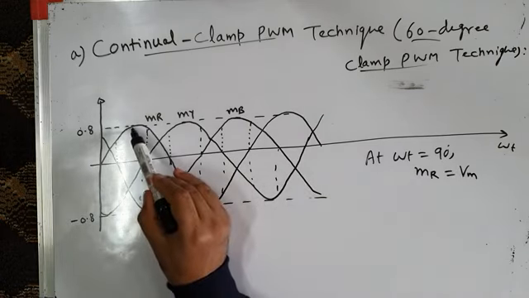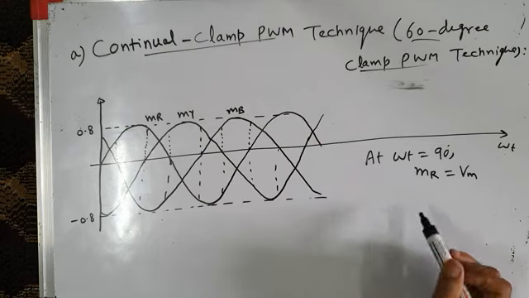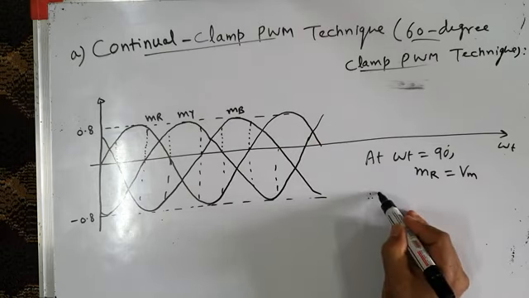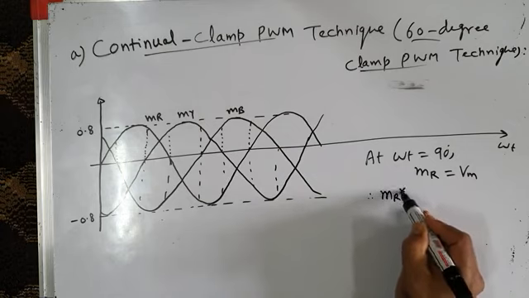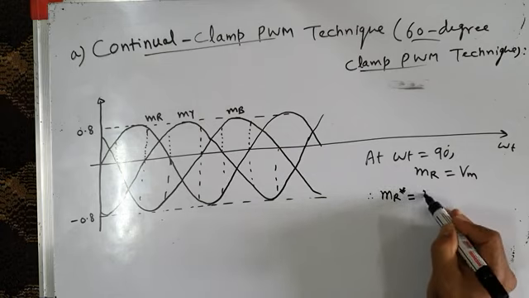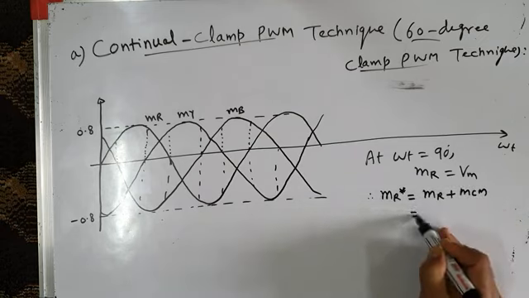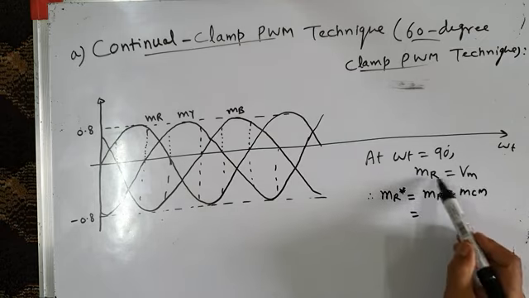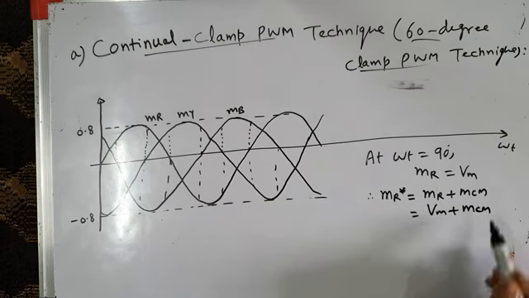So at omega t equal to 90 degrees, MR is Vm, maximum value. So therefore, I can write the modified reference wave MR star is equal to MR plus MCM. At omega t equal to 90 degrees, MR is equal to Vm, so it is Vm plus MCM.